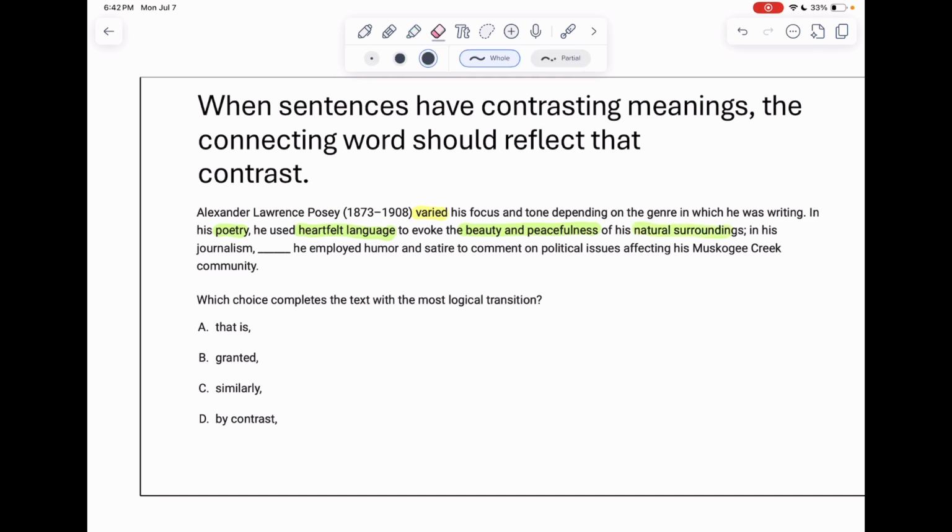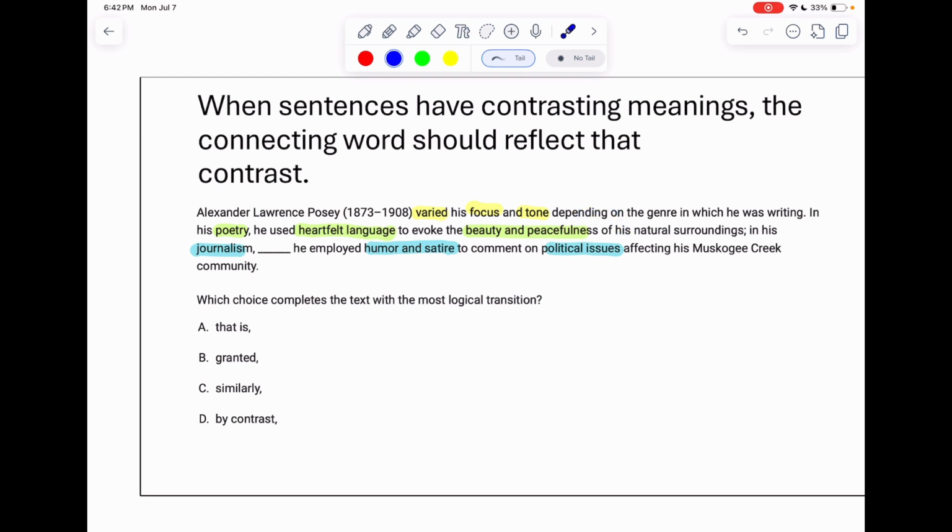So I'm going to stay with the heartfelt language because we're talking about how he varied his focus and tone. Then we shift and talk about journalism, and he's doing humor and satire to comment on political stuff. Tell me, are these things the same or different? Heartfelt language, humor, and satire. That's different. Beauty and peacefulness, political issues, that's different.